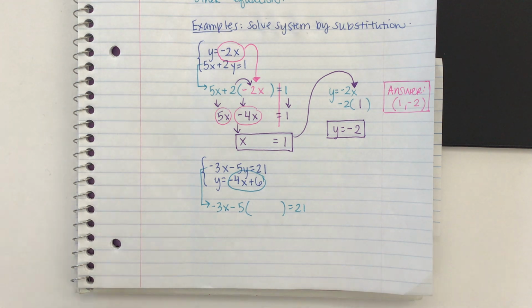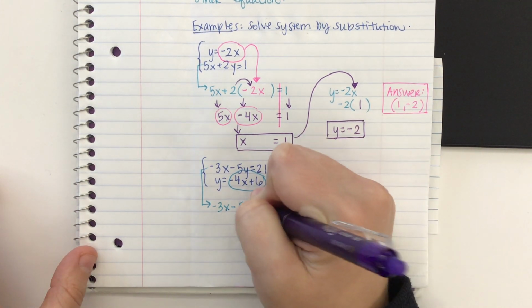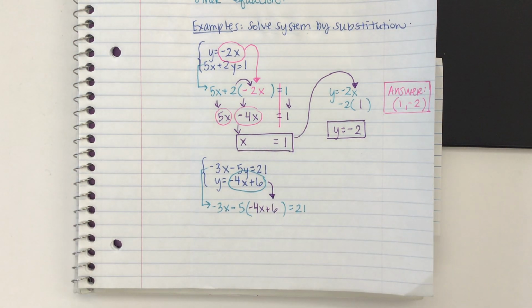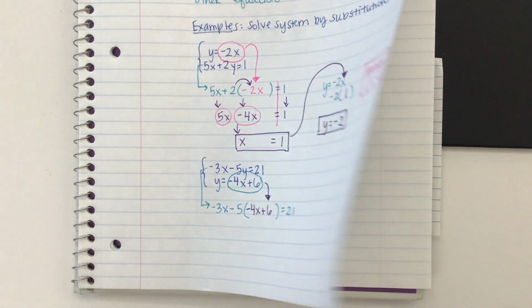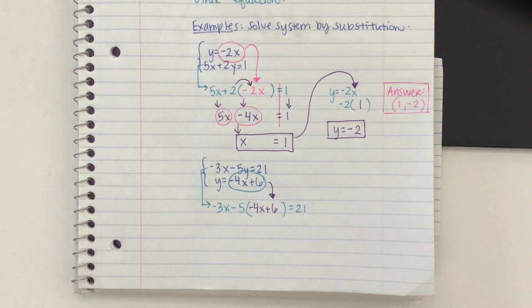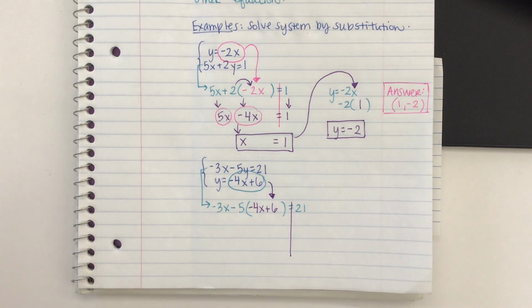Now, once I do that, I know that y is equal to negative 4x plus 6, so I'm going to substitute that in right over here, negative 4x plus 6. And then I'm going to go ahead and solve for my unknown variable, which happens to be x in this situation. I'm going to draw my line down the equal sign.